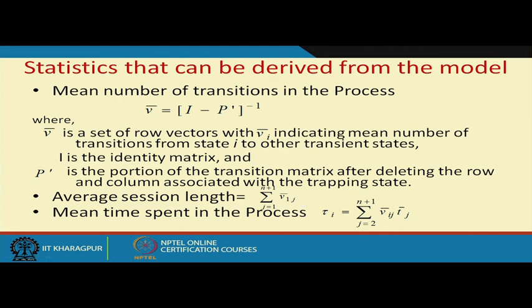So, once you know the average session length, you can find out the mean time spent in the process, that is, the mean time spent in the website. This mean time spent in the website in a particular session, which we can call the session length, is tau i, which is the sum of the time. This value we have already found out.